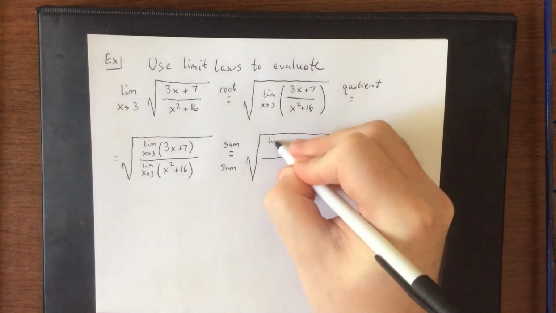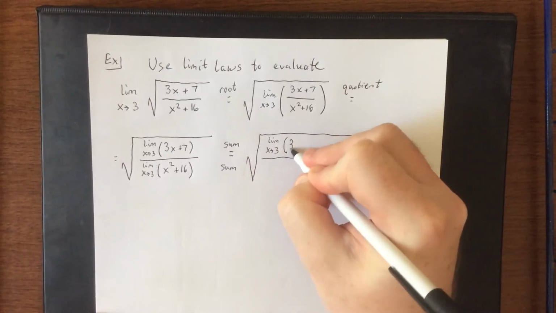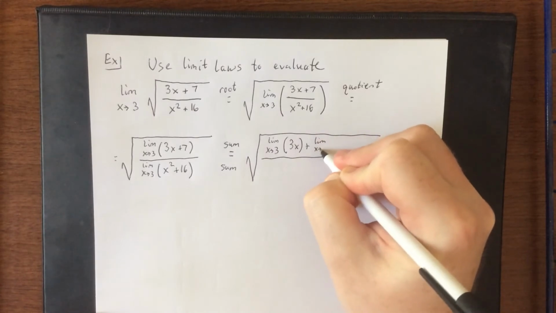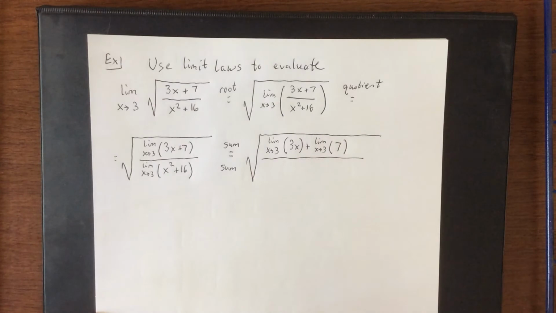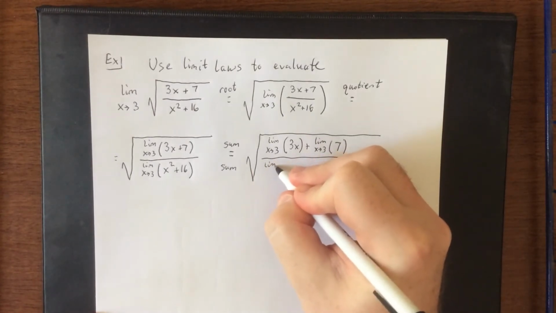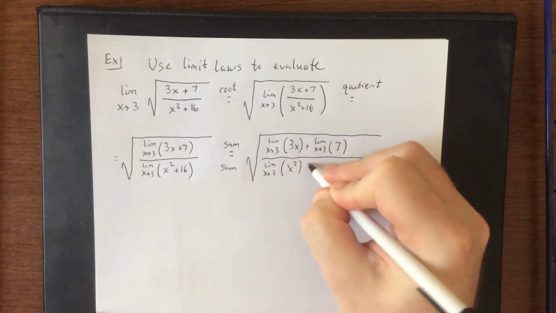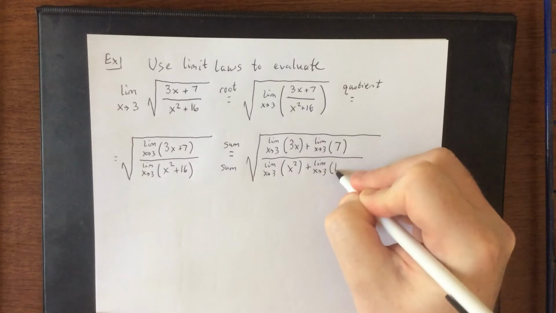In the numerator, we'll see the limit as x approaches 3 of 3x plus the limit as x approaches 3 of 7. In our denominator, we will have the limit as x approaches 3 of x² plus the limit as x approaches 3 of 16.